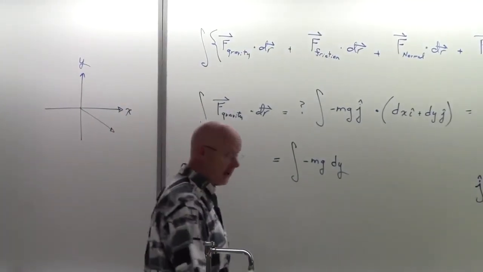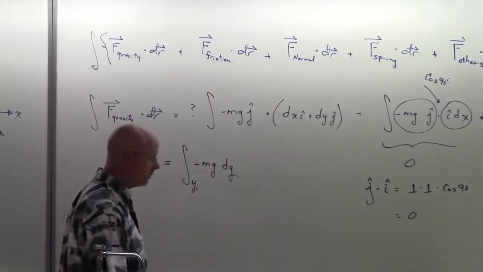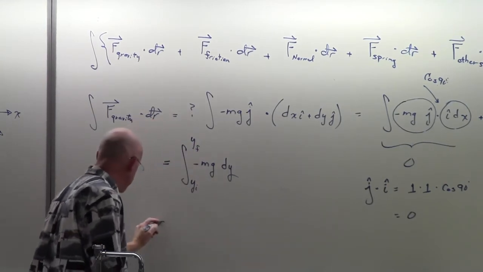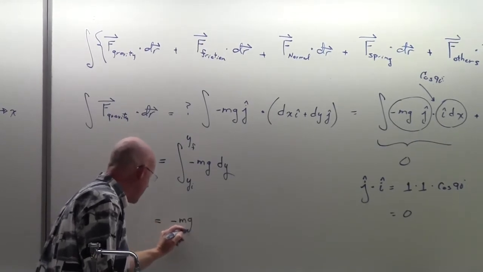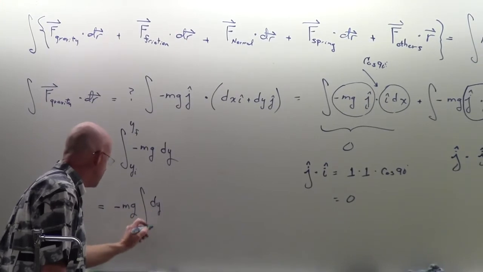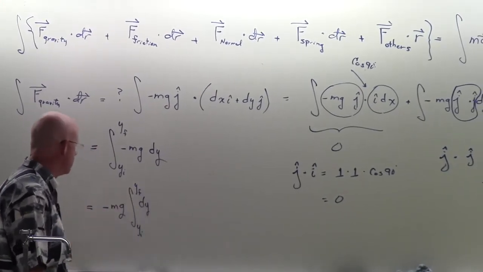If I say let the object start at some initial position and then finish at some final position, then I can factor out the negative mg, and I just have an integral of dy, from initial to final.